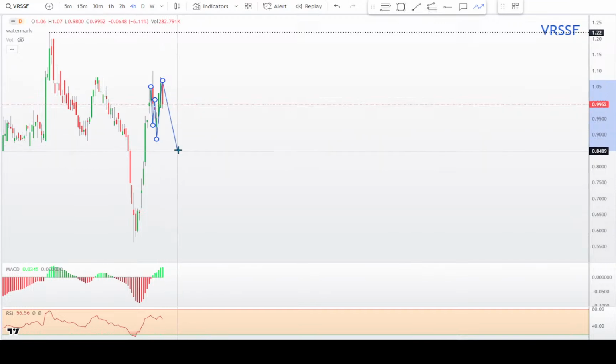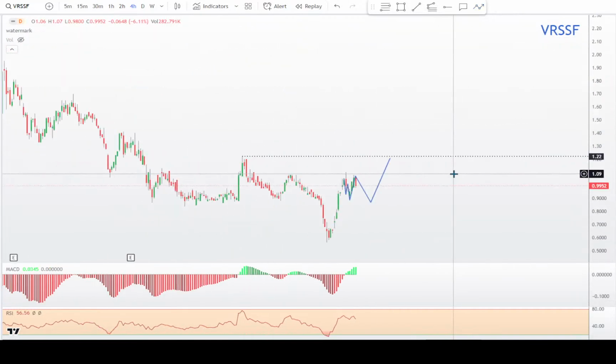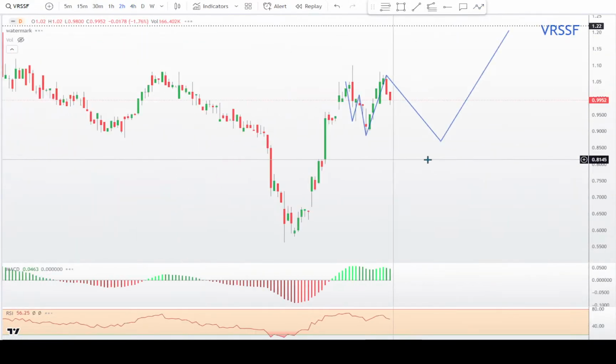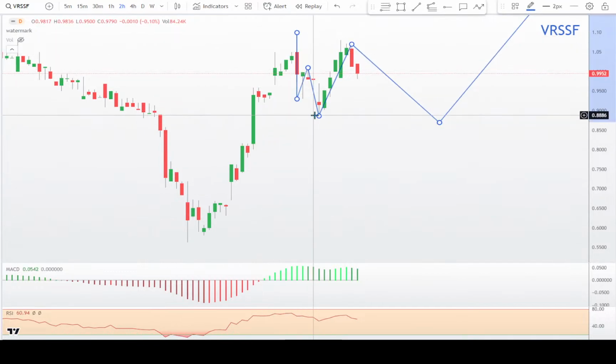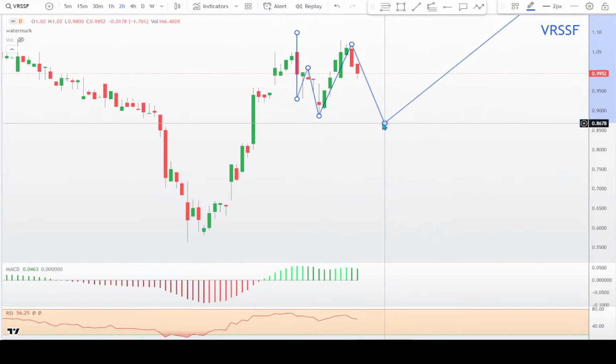I could actually see them coming down one more time, and then resuming up. 1, 2, 3, 4, 5. Yeah, I think this is just the A, B. I think I could see them coming down for a C and then resume back up.